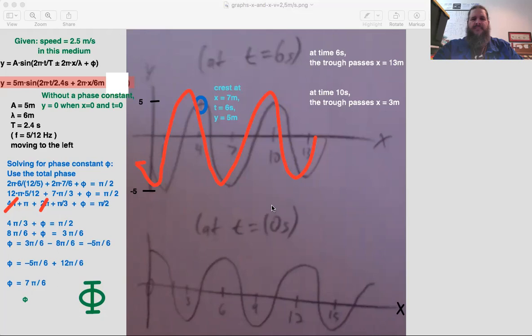Would it be 6? From 5 to 12? 7. Yeah. So if you have one time graph that's at x equals 5 and another that's at x equals 12, that would be 7 meters apart from each other.